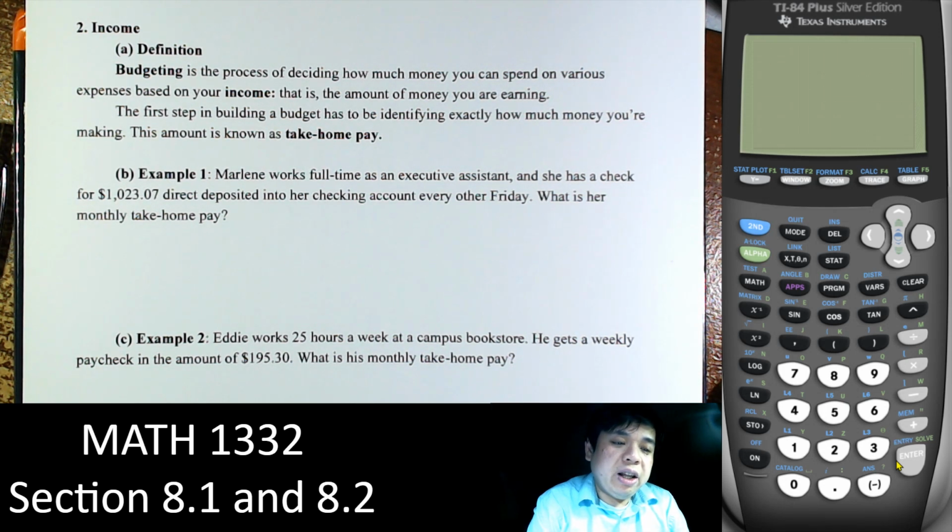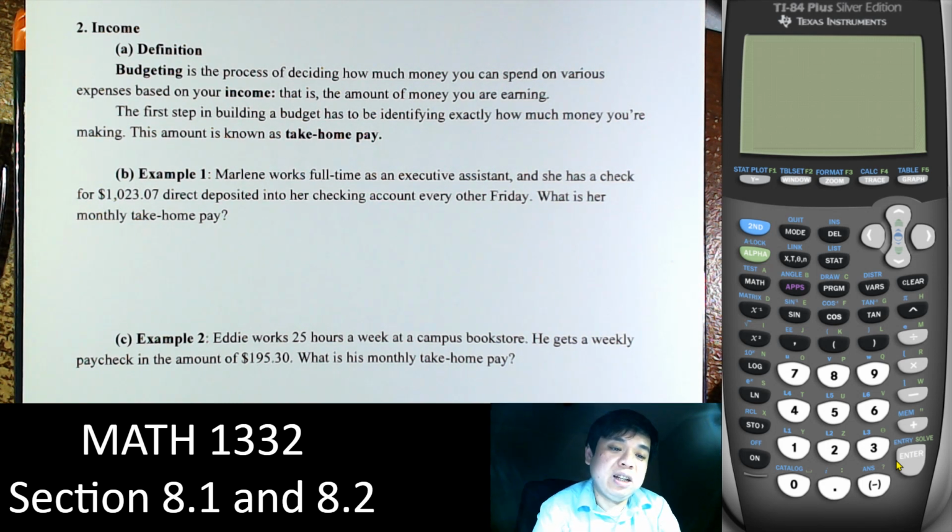Income budgeting. Budgeting is the process of deciding how much money we can spend on various things, based on the income. First we have the income, and then how much we spend. So that's 2 parts: the part of the income and the part of the expense.